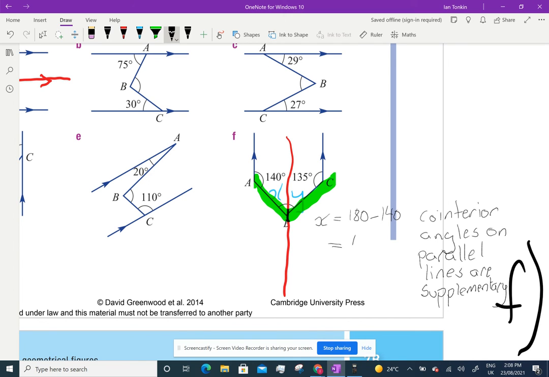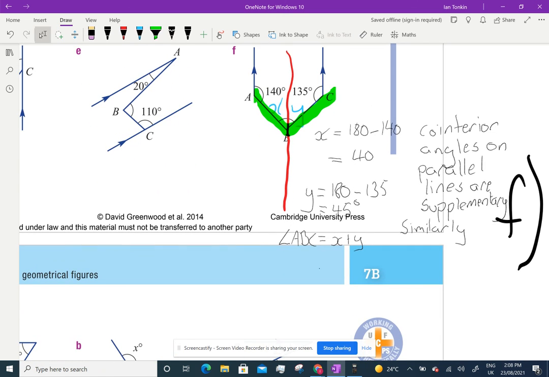And that equals 40. Y equals 180 minus 135, which equals 45 degrees. Why? The same reasons, similarly. Therefore, angle ABC equals X plus Y, which equals 40 plus 45, which equals 85 degrees.